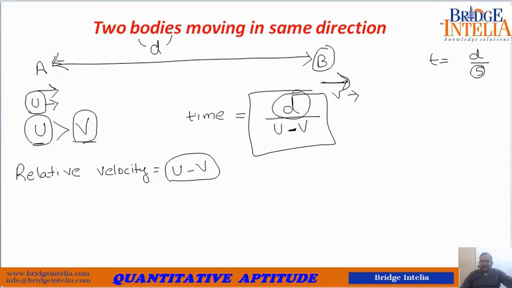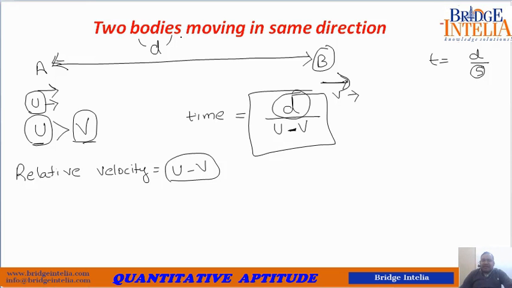So it will be easy for you to remember in terms of whether these two objects are helping each other to meet, or one is avoiding the meeting.